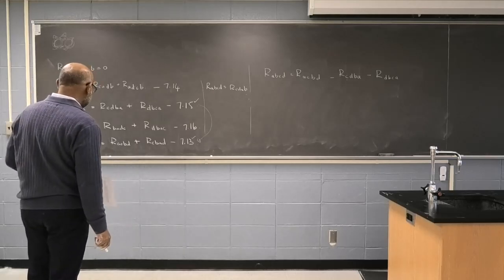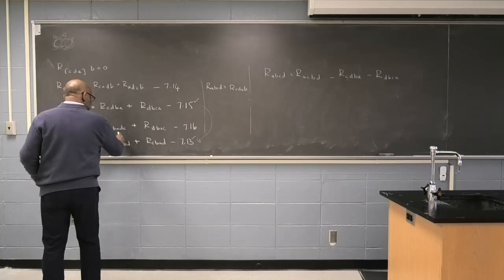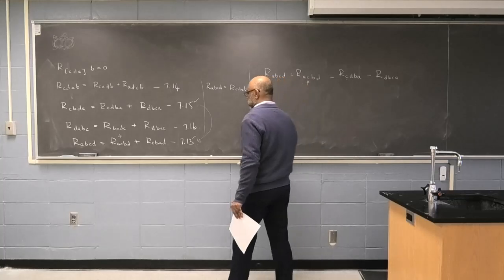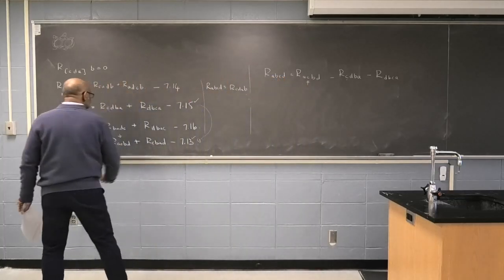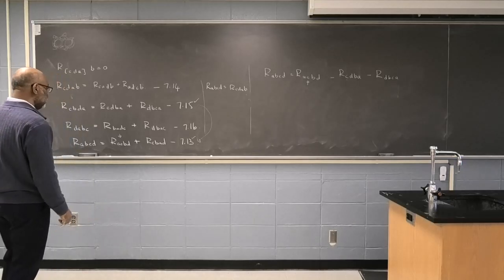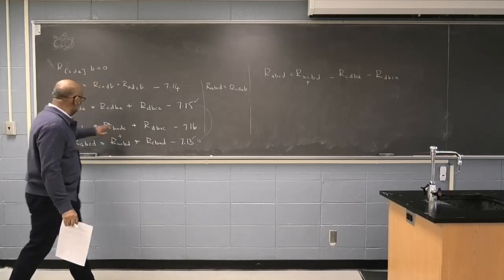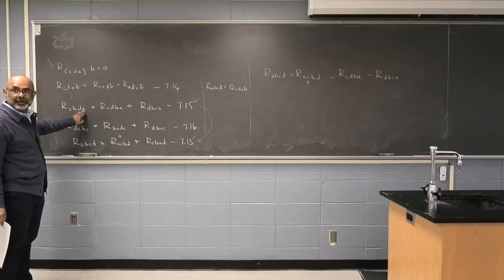So I have R ABCD, and I have ACBD. So this is this. So then I have CBAD. Correct? CBAD. But what I have here is CBDA.